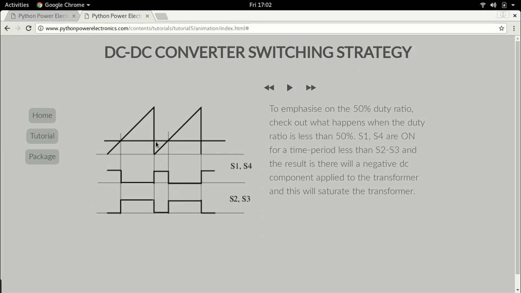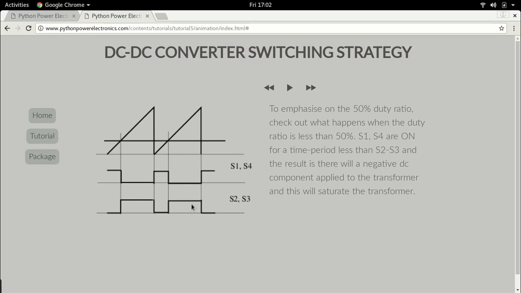Now, I'm going to apply exactly the same logic, and you see here, in this case, since the modulation signal is lower than 0.5, S1, S4 now has a pulse width which is lesser than the pulse width of S2, S3. What this means is, the positive part of the square waveform, or rather the rectangular waveform in this case, will be lesser than the negative part of the rectangular waveform. We don't have a square waveform anymore, we have a rectangular waveform.